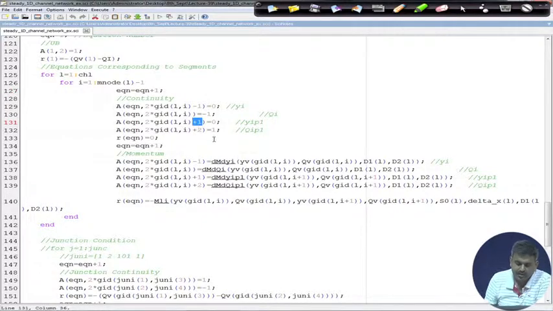That is nothing but we have this a L plus 1.